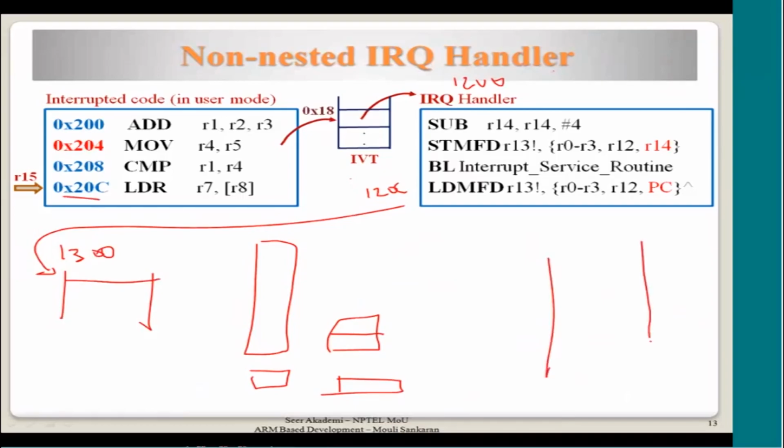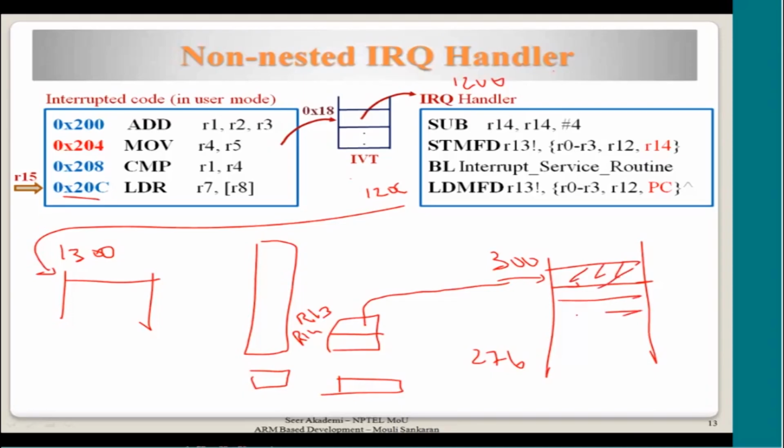Now let me draw the stack. I don't know whether I mentioned 300 or 276, but no problem. This was originally R13. R13 is here, and this is R14. Now this is the full location, and the address is moved.